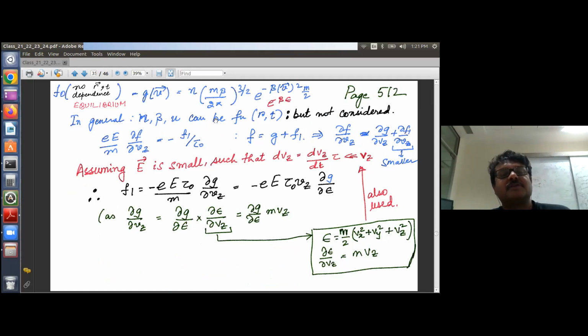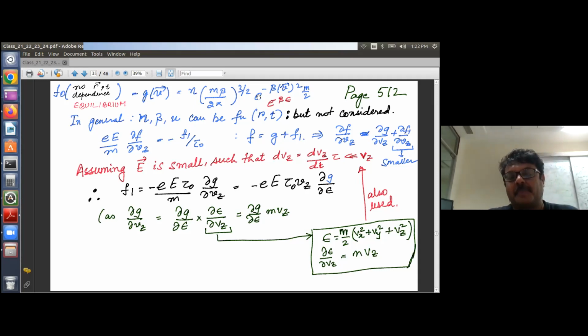Now, here we also assume that the f0, this is a separate calculation, but I'm just trying to bring it back. So let's assume that f0, with no explicit dependence on r and t, can be written as g(v), and that is the Maxwell-Boltzmann distribution of speed, right?